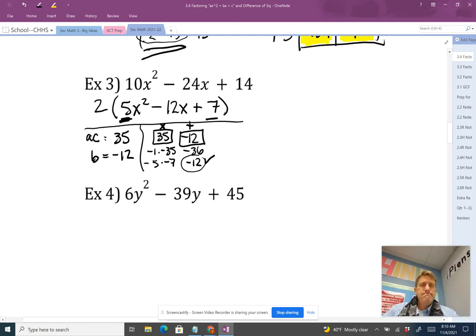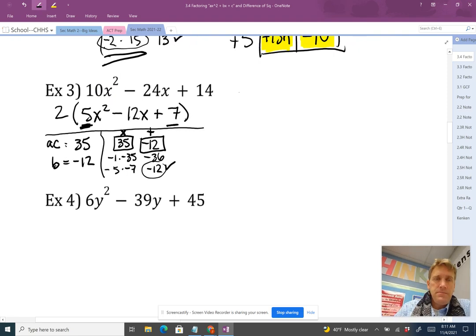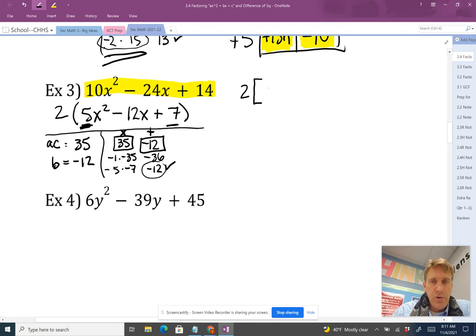So I'm going to rewrite this original expression here as 2 times, I'm going to change the parentheses to brackets for just a moment here, 5x squared minus 5x minus 7x plus 7.